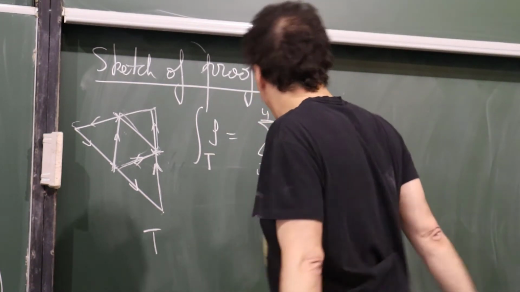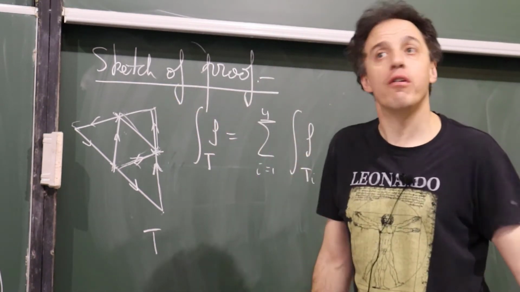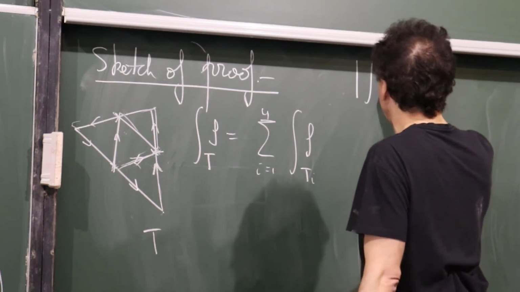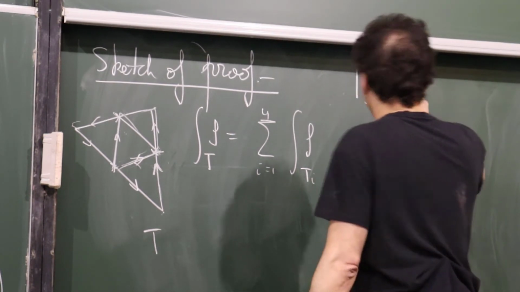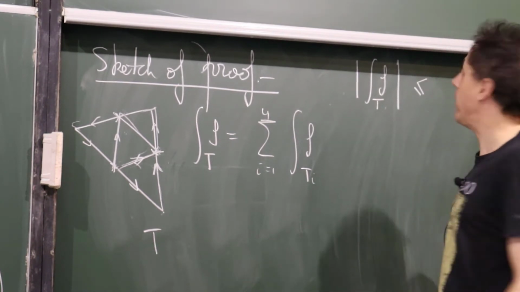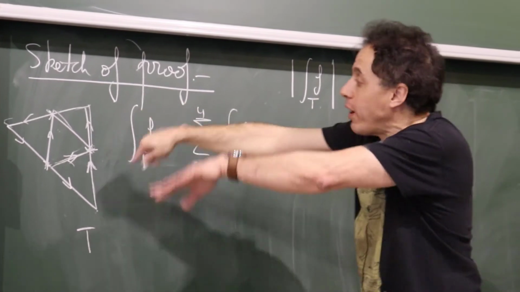So, well, one of those triangles verifies necessarily that the integral of f along the big triangle is smaller or equal than 4 times the integral along one of the triangles.